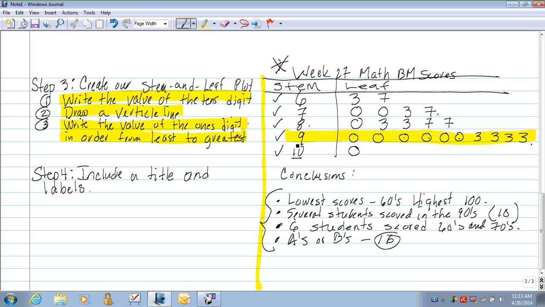Also, and this is important, if we had no 70s in our scores, we had 60s, 80s, 90s, and 100, we would include the 7 in our stem because it's in the middle of our 10s, but we would write no leaf. That would indicate to us that there were no scores in the 70s.